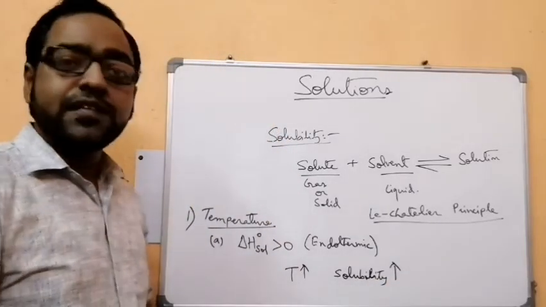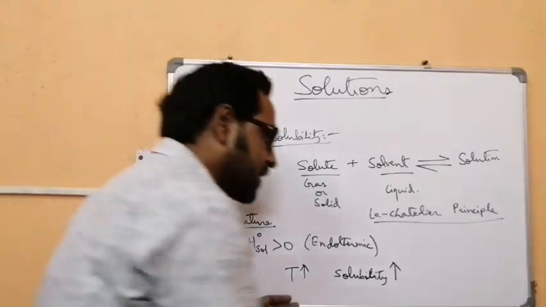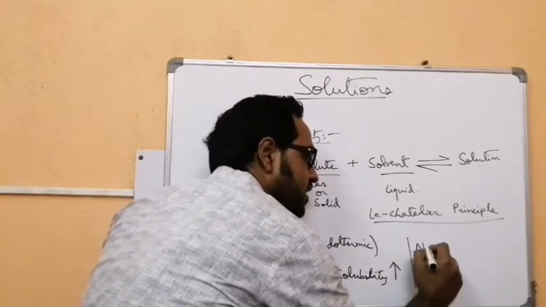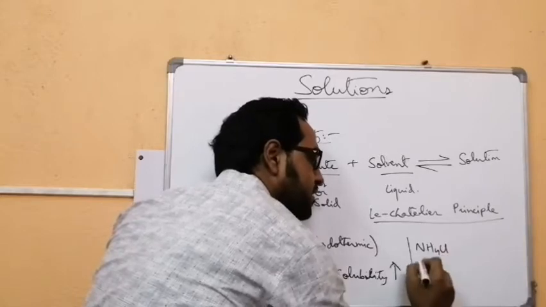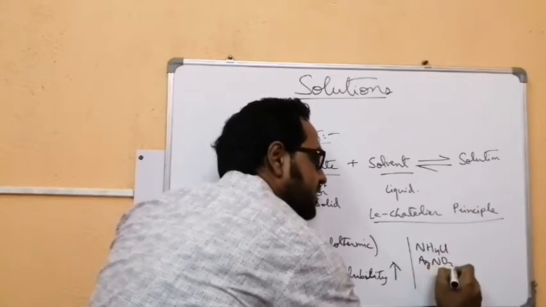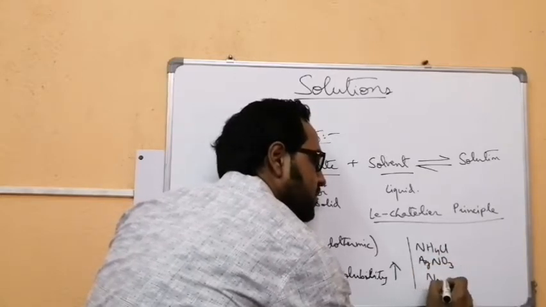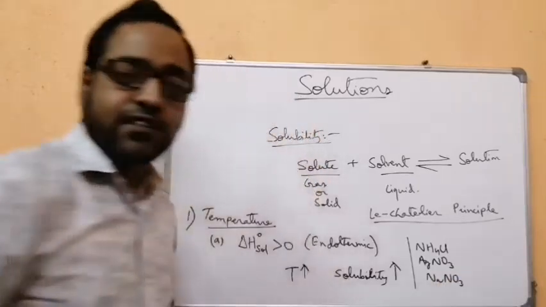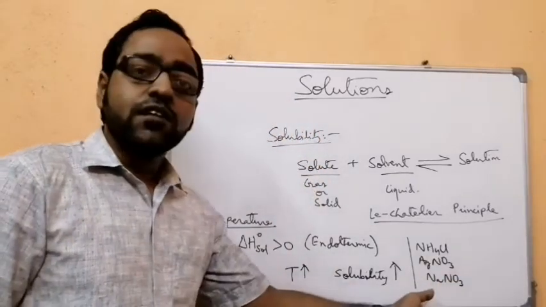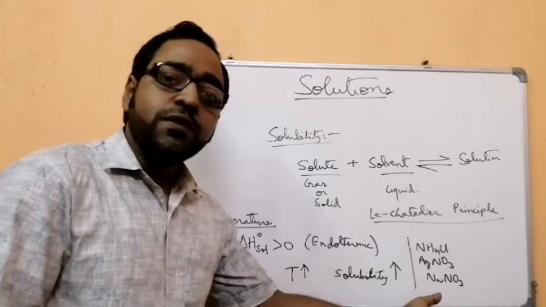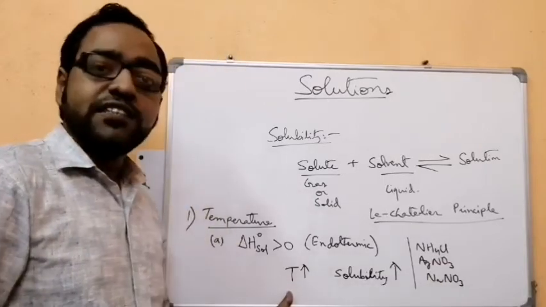With increase in temperature, solubility increases. For example, NH4Cl, silver nitrate, sodium nitrate, etc. So all these compounds, the solubility increases with increase in temperature.